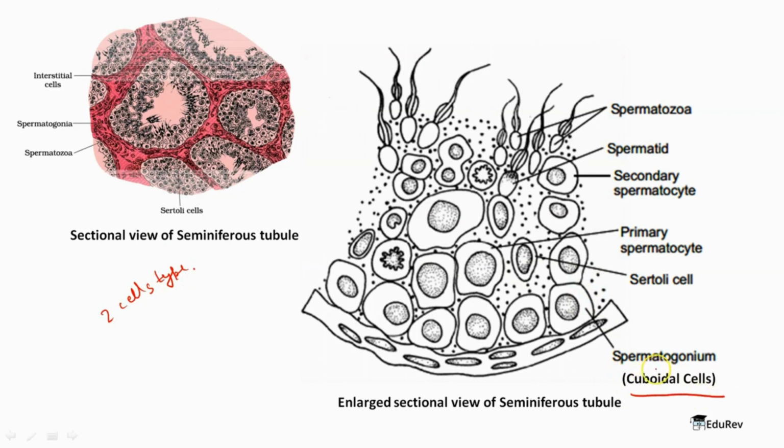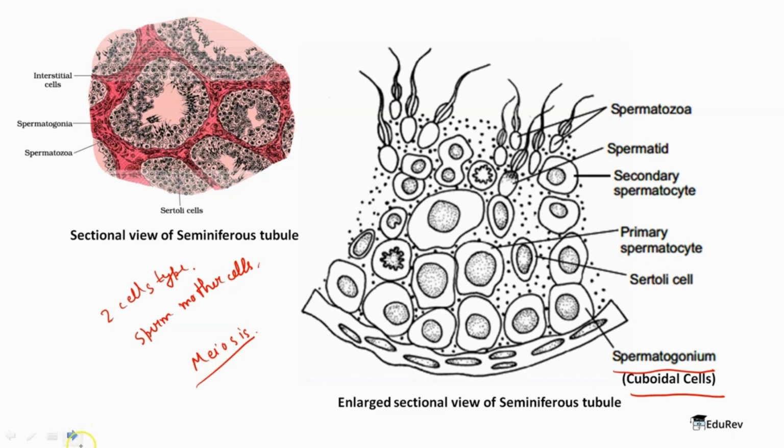These cells are known as the sperm mother cells or the spermatogonia, right? They are going to divide by the process of meiosis to form the sperms. That is, these cells are responsible for the formation of sperms.